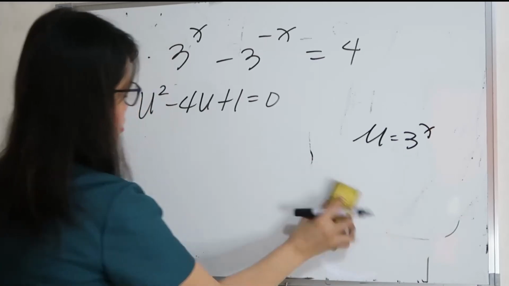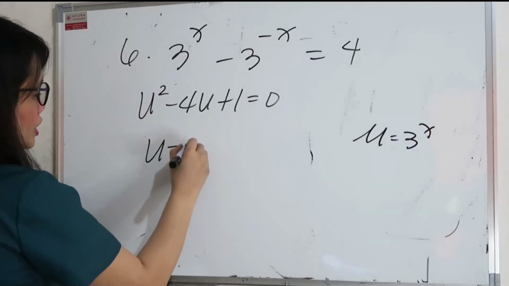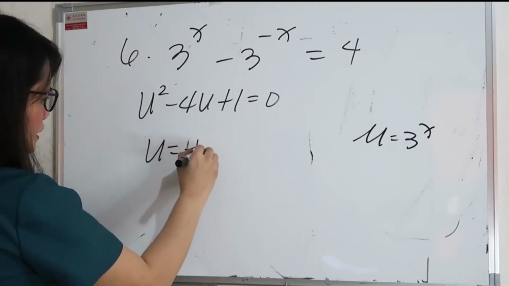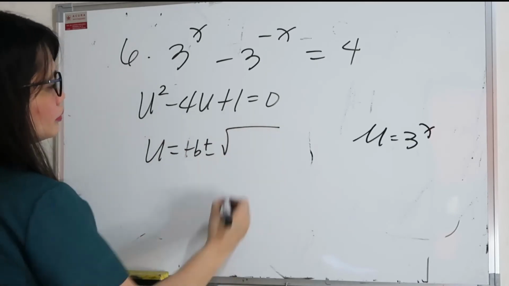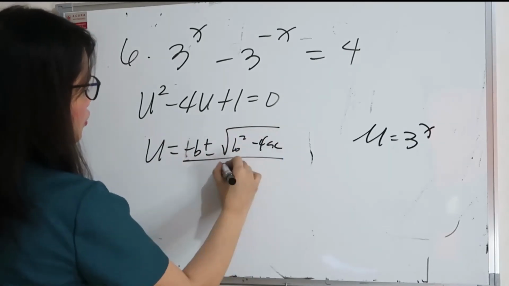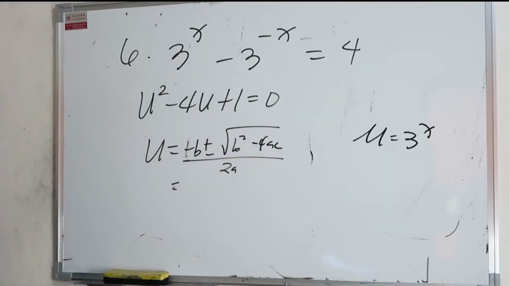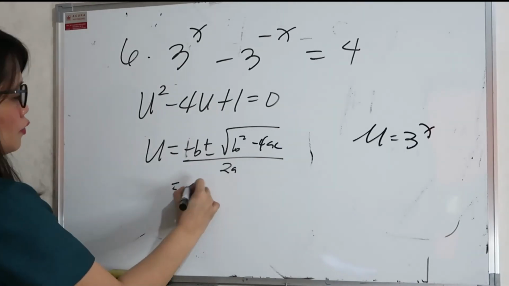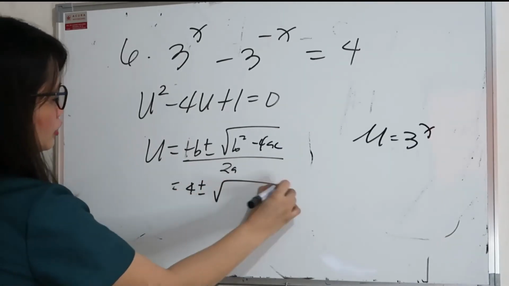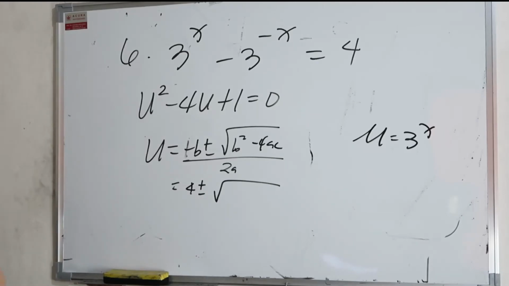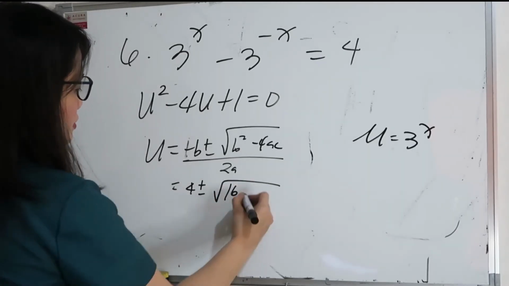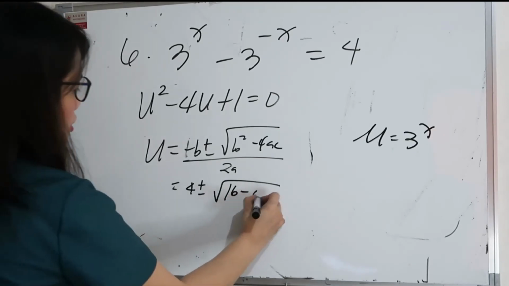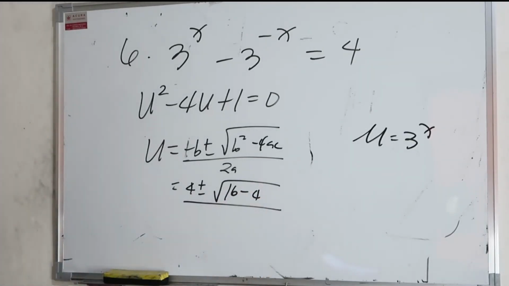So u is equal to negative b plus or minus square root of b squared minus 4ac over 2a. So your u here will be 4 plus or minus square root of 16 minus 4 over 2a.